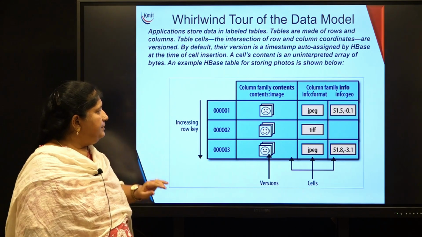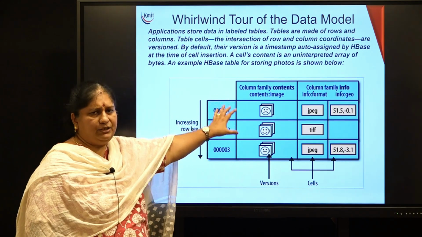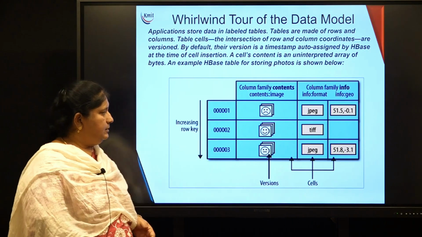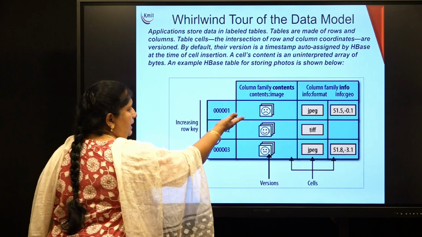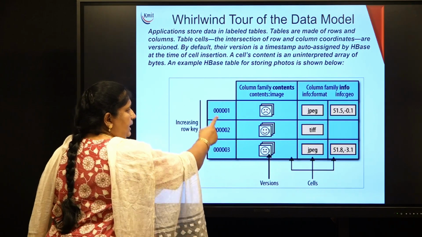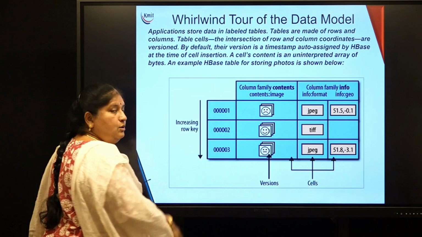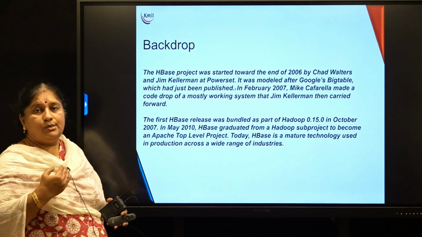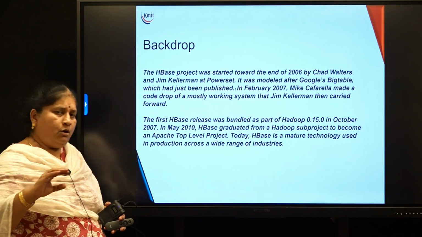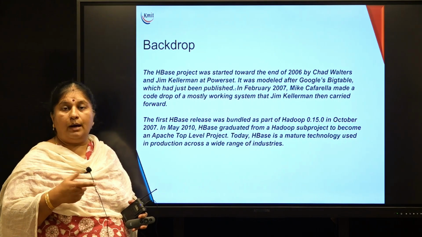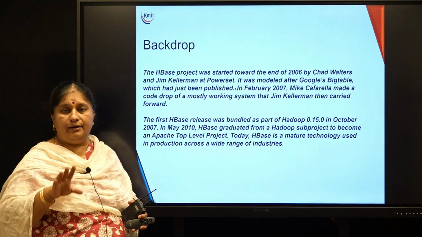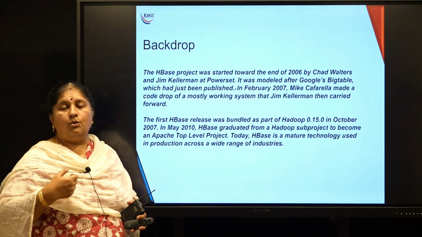Now say for example, we are trying to store some pictures. Try to see this diagram. In my example, I have 3 rows. Every row will have a row ID, or we also call it a row key. Normal RDBMS tables also have a unique identifier for every row apart from the primary key which we define. We call it the row ID.